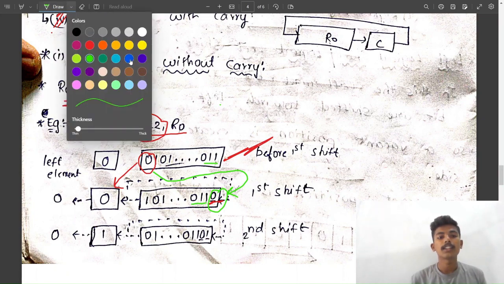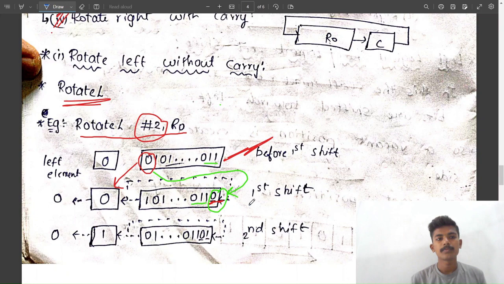Now let us see the second shift also. Now we are performing the second shift. Now this leftmost bit is shifted. Now all the remaining bits are shifted towards the left side, and a vacancy is created here, and this vacancy is replaced by this number.